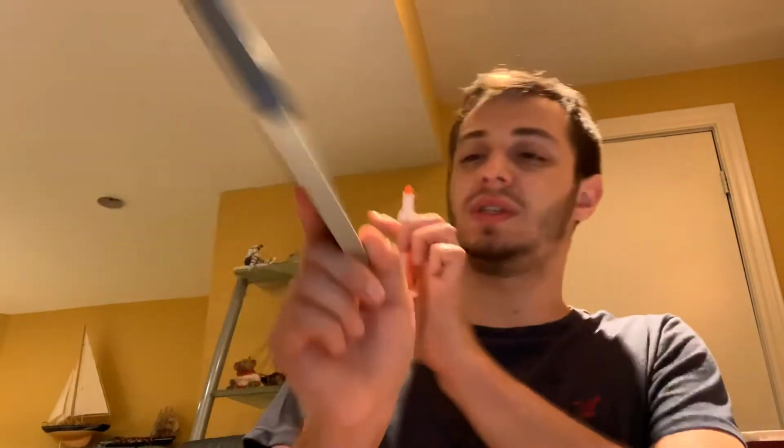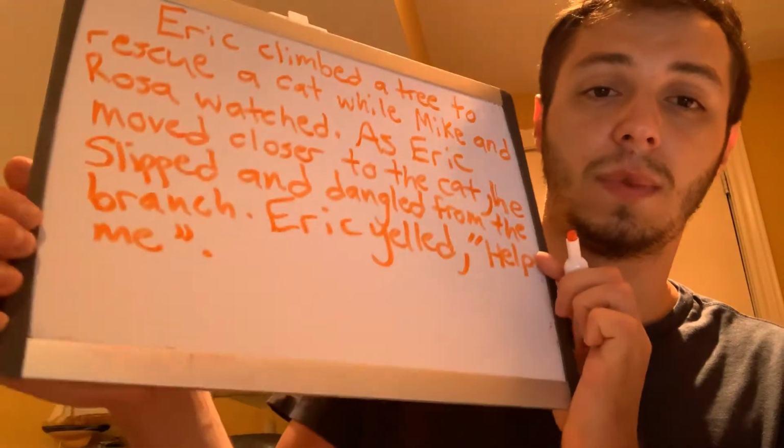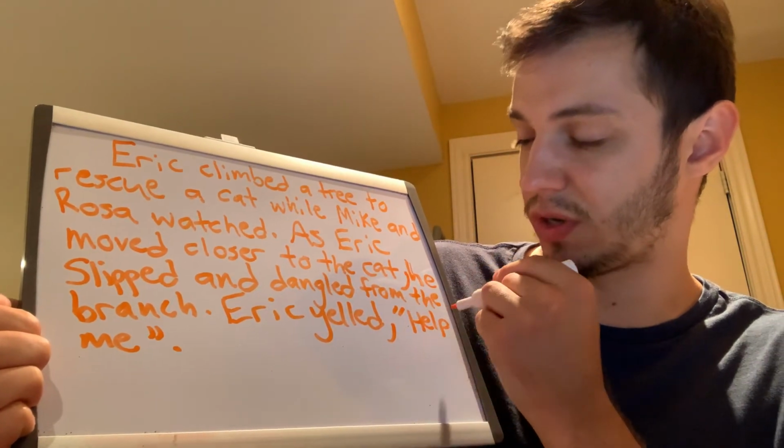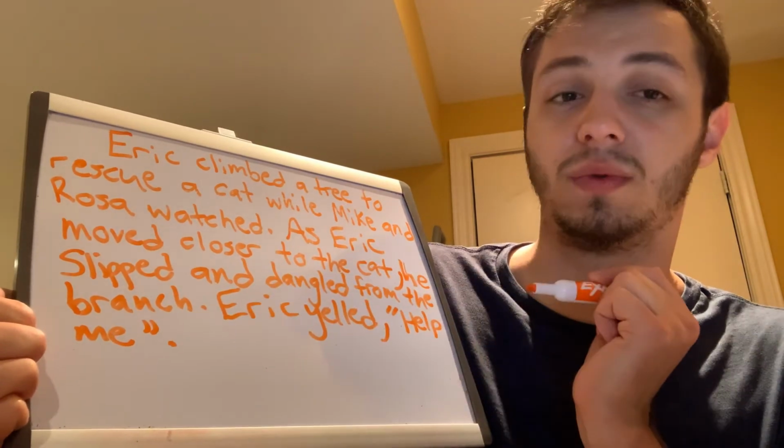Eric yelled. Don't forget after the word yelled, I need my comma, and then I'm gonna put my quotation marks around the words help me. Just like that, right? Eric yelled, comma, quotation marks, help me, closing quotation marks.